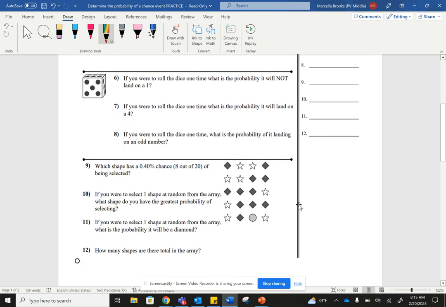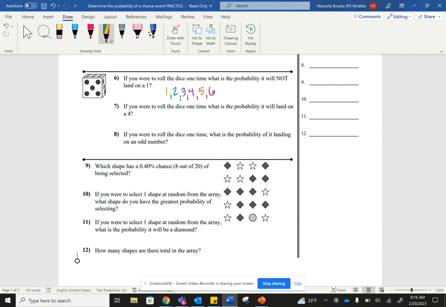All right, number 6. If you were to roll the dice one time, what is the probability it will not land on a 1? So our sample space for a dice, there's 6 sides. So 1, 2, 3, 4, 5, 6. Okay, that's our sample space. Those are all the possible outcomes that you could get when you roll a dice. Now it says, what's the probability it will not land on a 1?